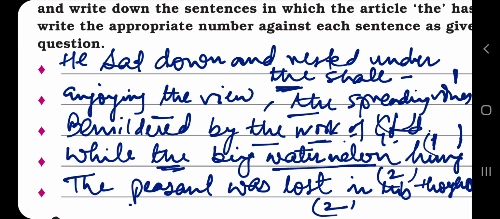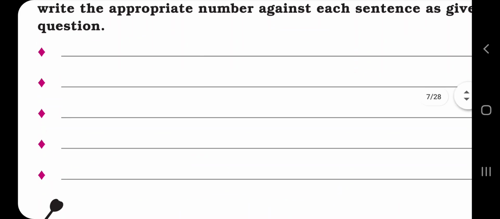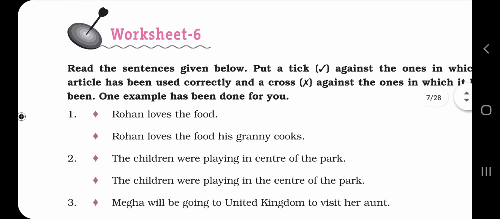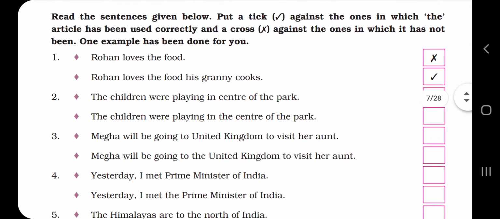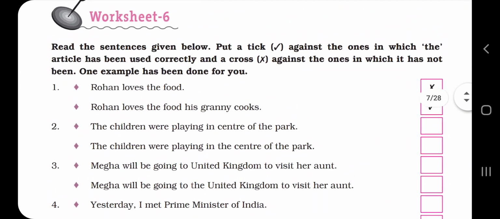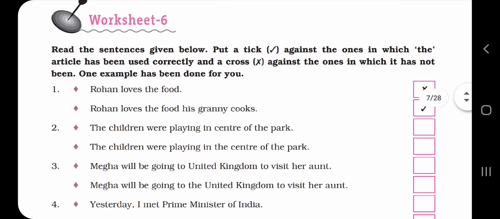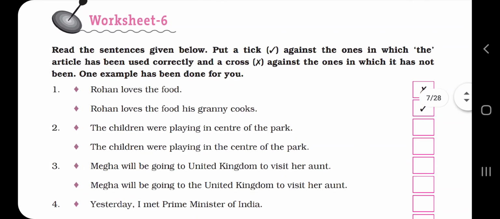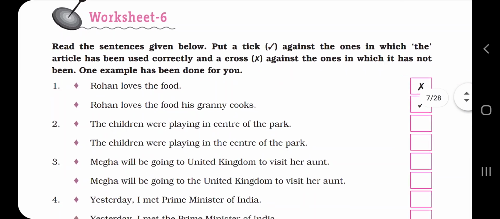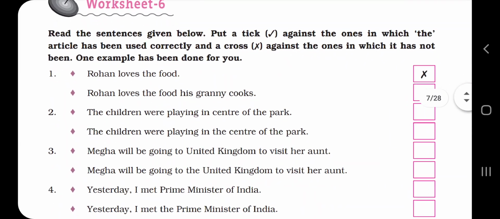Now the worksheet 6. Read the sentences given below. Put a tick against the ones in which the article has been used correctly and a cross against ones in which it has not been. One example has been given. Now there are errors.